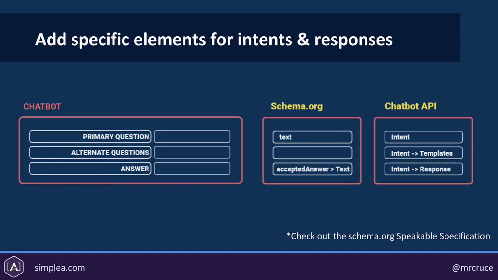So, I just want to point out that the work we're doing in incorporating chatbots is not unrelated to the work we're doing with the search engines. There's an intent and a response.